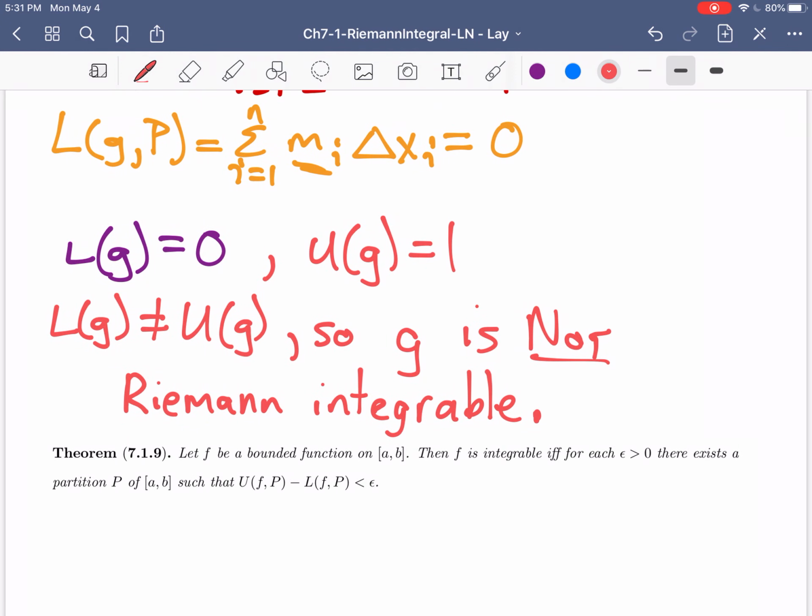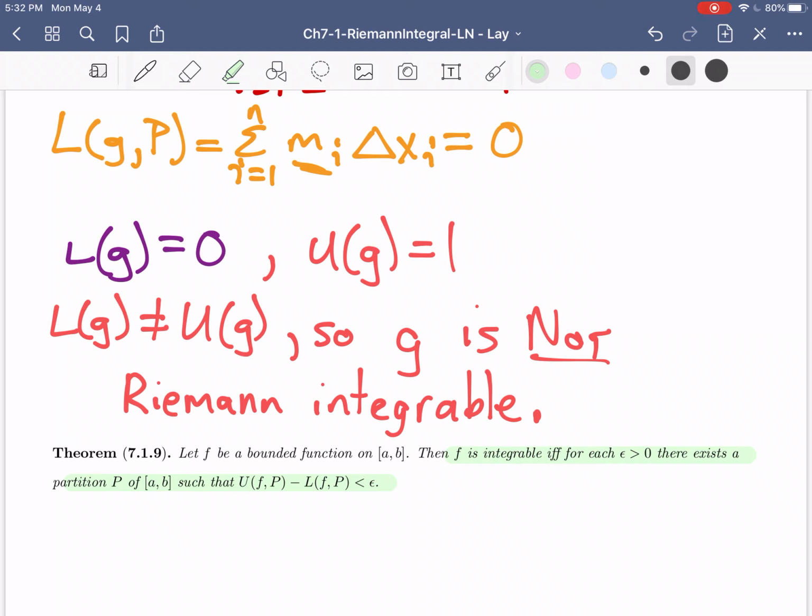Nice. Then the last thing from this section we will mention here real quick is this theorem, which says if f is a bounded function on a closed interval a to b, it is integrable if and only if, for every epsilon greater than 0, there exists a partition P such that the distance between the upper sum of that partition and the lower sum for that partition is less than epsilon.